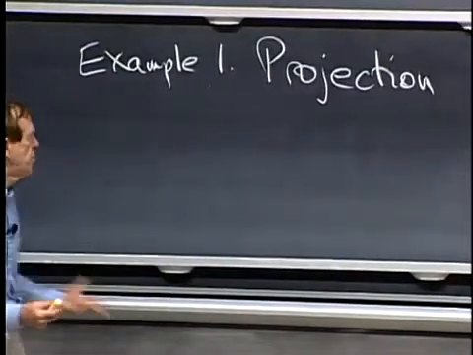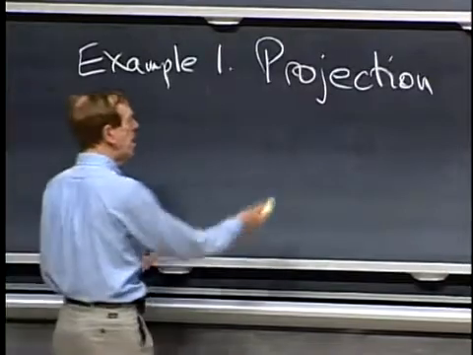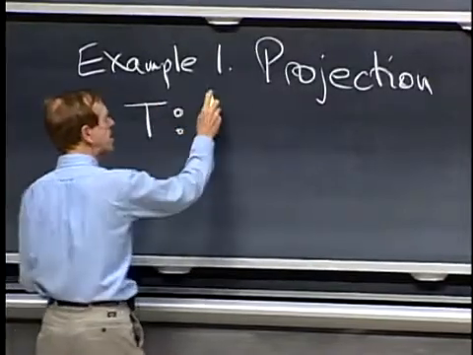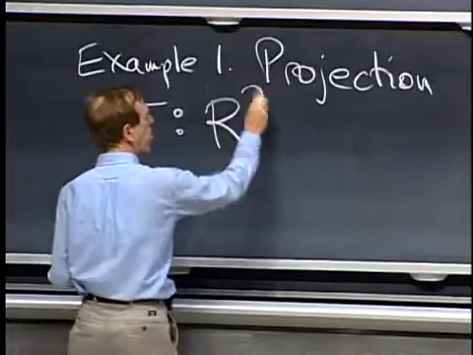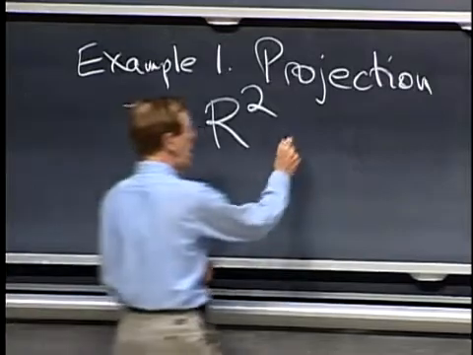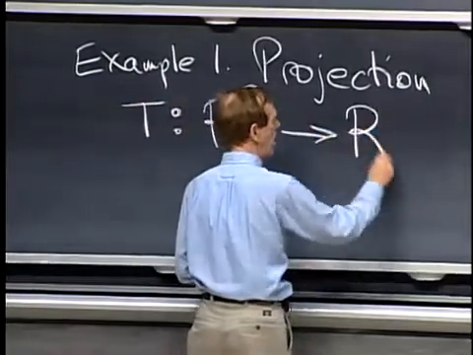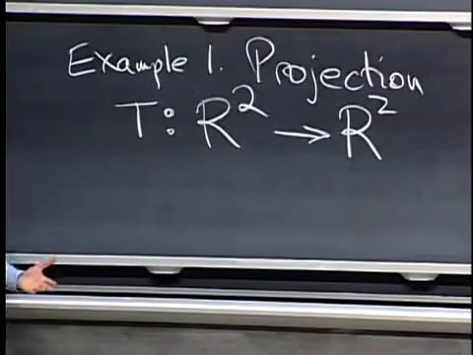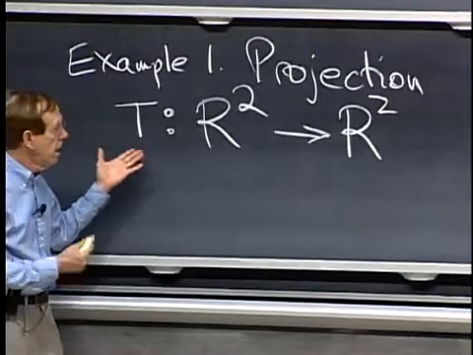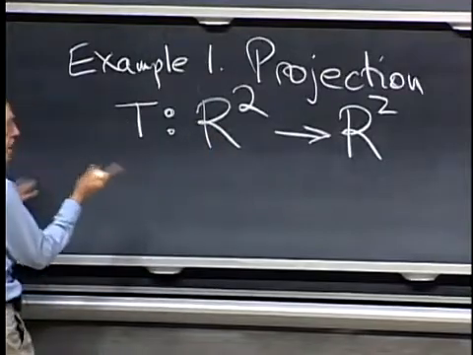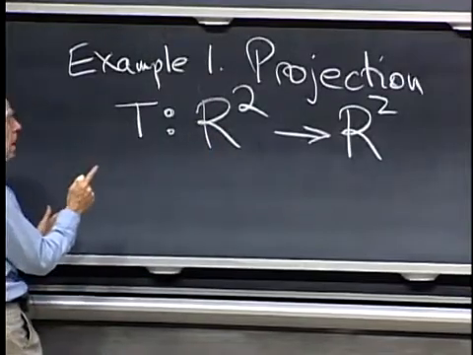I can describe a projection, say, as a linear transformation that takes all of R2, every vector in the plane, into a vector in the plane. And this is the way people describe a mapping. It takes every vector, and by what rule?